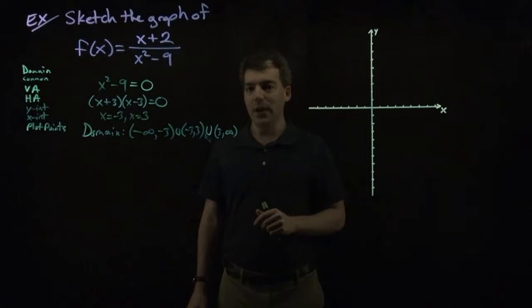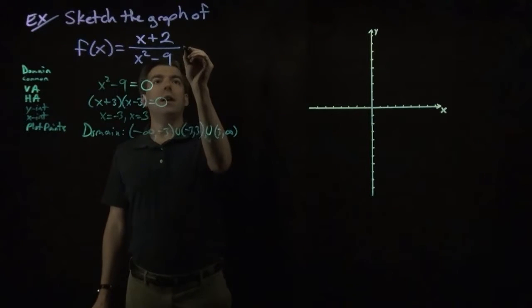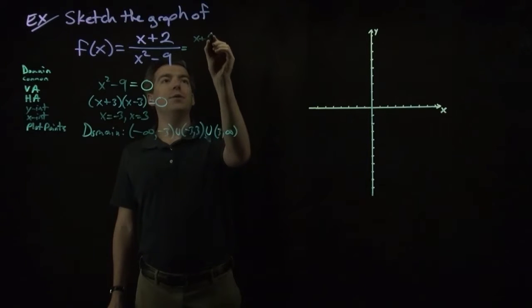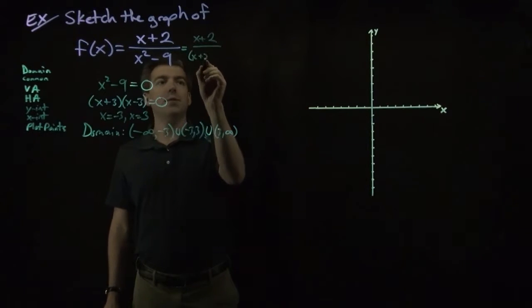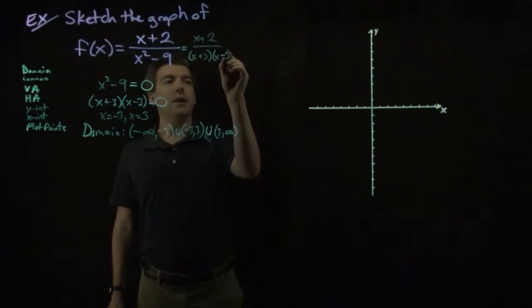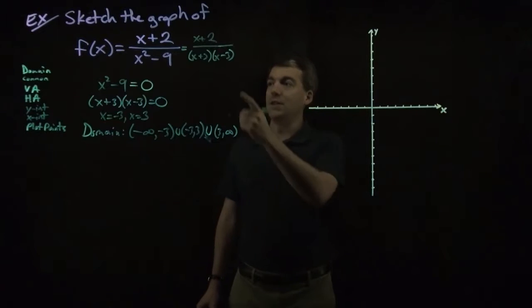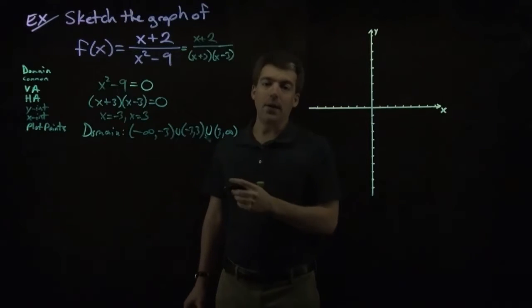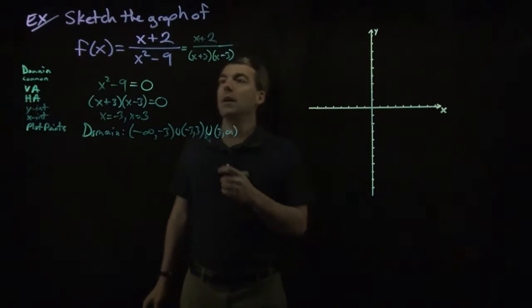And now we want to cancel any common factors. We can write this as x plus 2 over, and we factored that down here, x plus 3, x minus 3. You can see there are no common factors. So this is in reduced form, and that tells us immediately the vertical asymptotes.